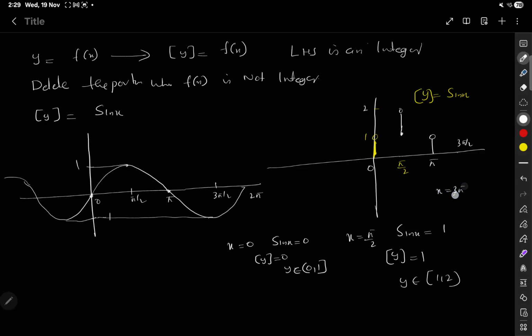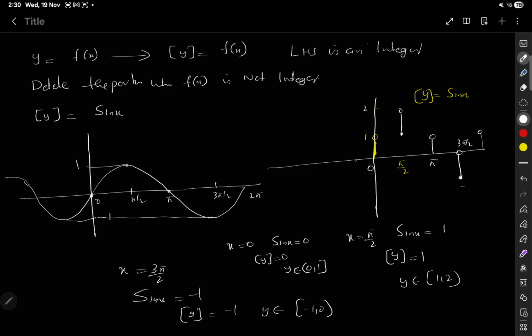X is 3 pi by 2. I'll write here. X is 3 pi by 2. So what is sin x? Minus 1. So what is step y? Minus 1. So y belongs to minus 1 to 0. So like that it will come. Okay. Now 2 pi, what will it be? Same as the other one.